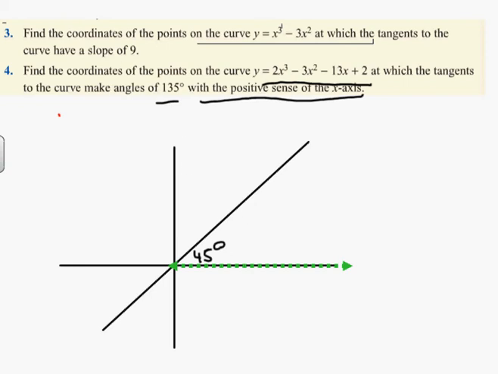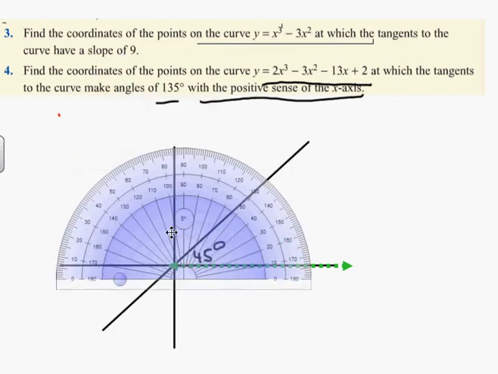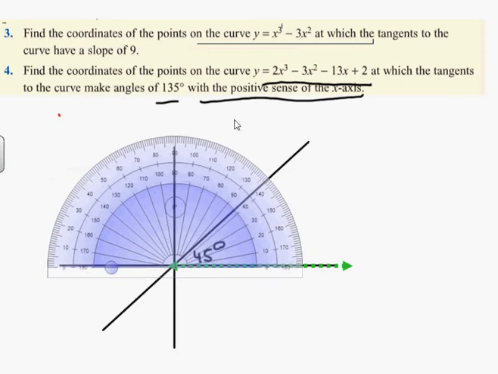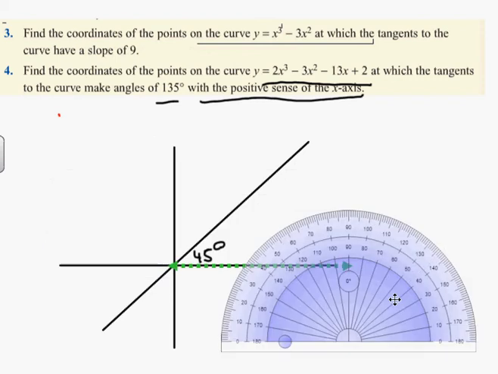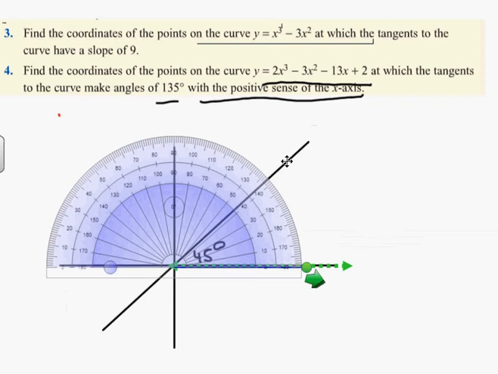Now, just to really sell this point home, it's roughly, I'm just slightly off, but it's meant to be 45 degrees anyway. Now, what happens next is they'll also ask you what happens when it's at 135 degrees.